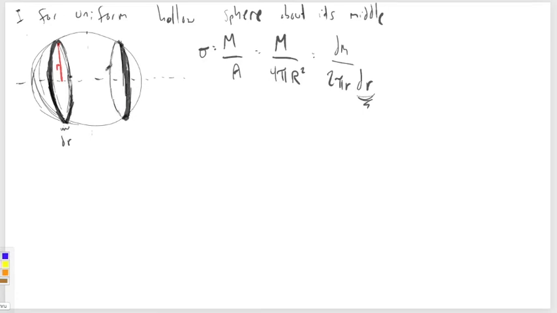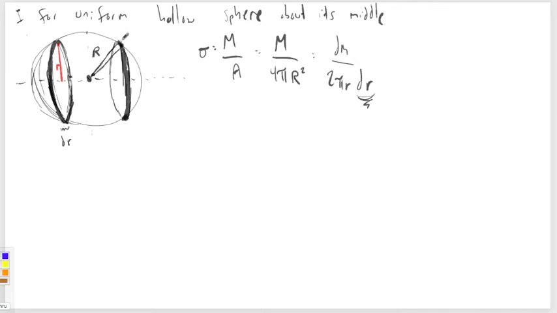And what I can recognize is that from the very middle of this thing, I could draw a line out to that strip, and that would have a length of big R, the radius big R. And I can recognize that if I were to shift that line over just a little bit, I would end up sweeping out an arc length whose thickness is dr. So in other words, if I were to shift this line right here just a little bit, then it's going to end up subtending that dr piece, and that's going to be an arc length.